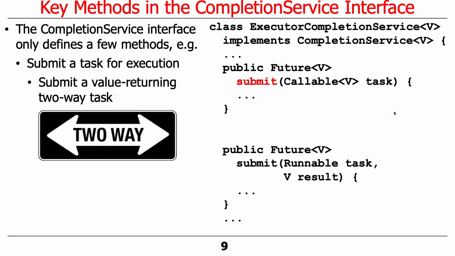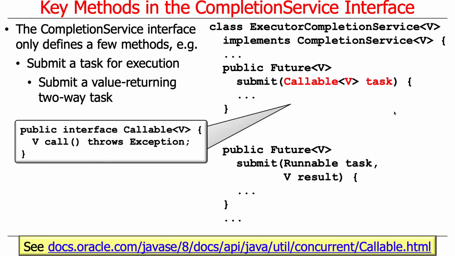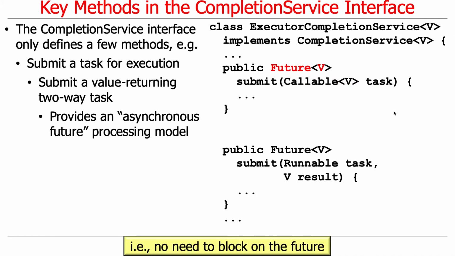The first method here submits a value-returning two-way task because that's what callable does. So here's the callable interface. As you can see, you call, and then you get back a return value. So it's a two-way operation. One of the cool things about this is it's an asynchronous processing model, so you don't actually have to block on the future.